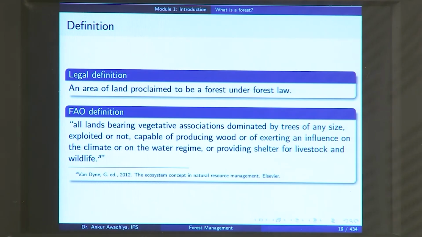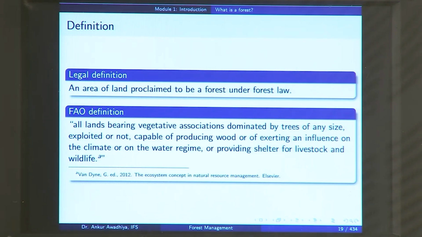Then you have this FAO definition, of the Food and Agriculture Organization: all lands bearing vegetative associations dominated by trees of any size, exploited or not, capable of producing wood or of exerting an influence on the climate or on the water regime or providing shelter for livestock and wildlife.